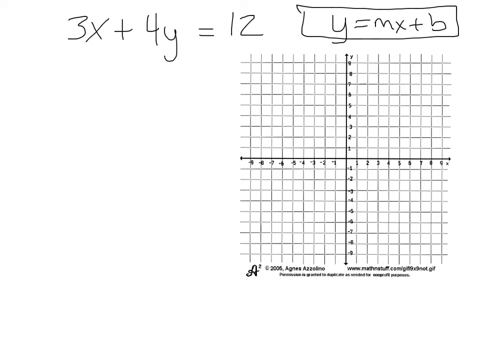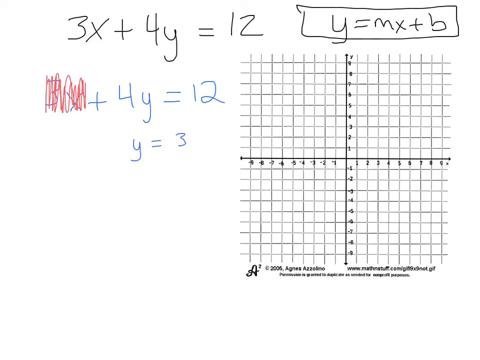Or what we can do is just figure out the x and y intercepts. And let's play a game called peekaboo. If you were looking for the y-intercept, you know that x must be 0. So this term must go away. So let's play peekaboo. Let's just cover it up because we know x must be 0, and that means y must be 3 to get 12.